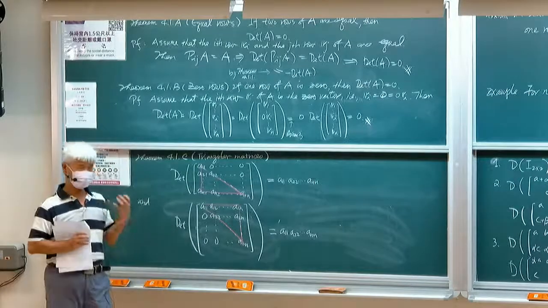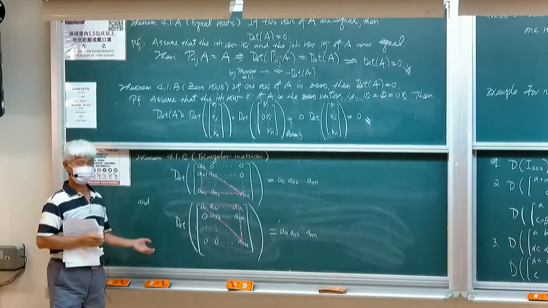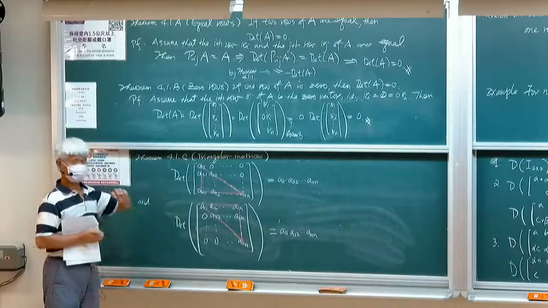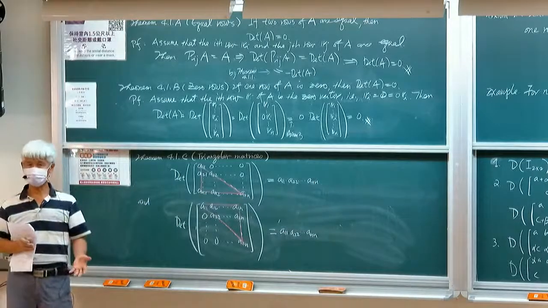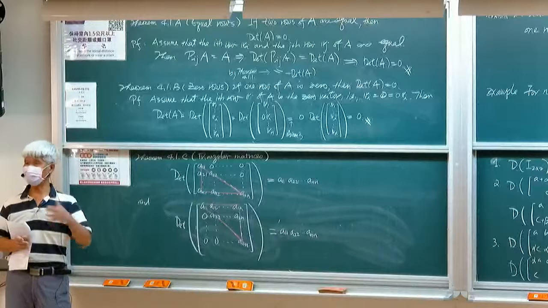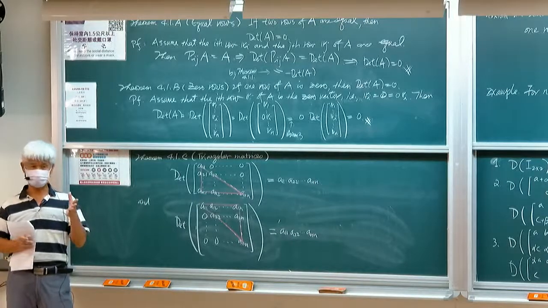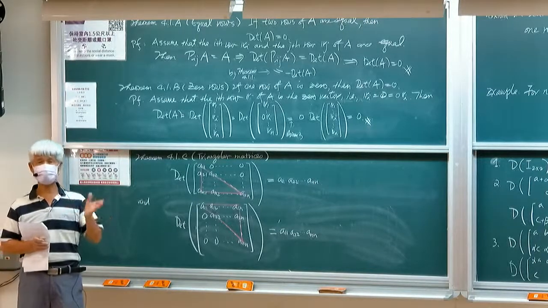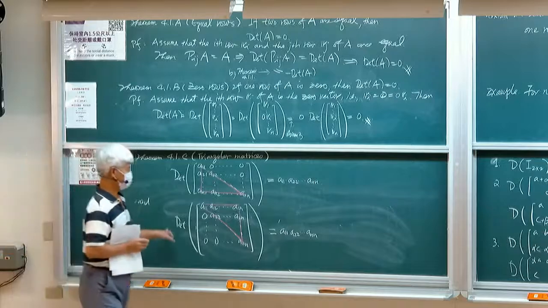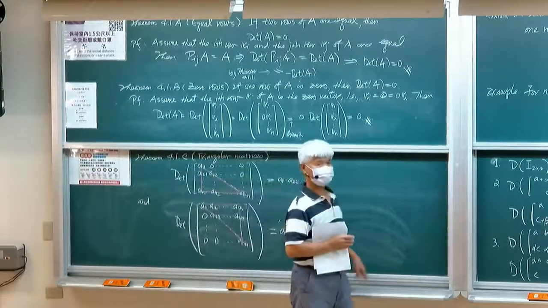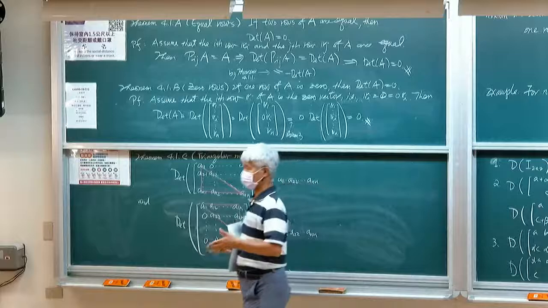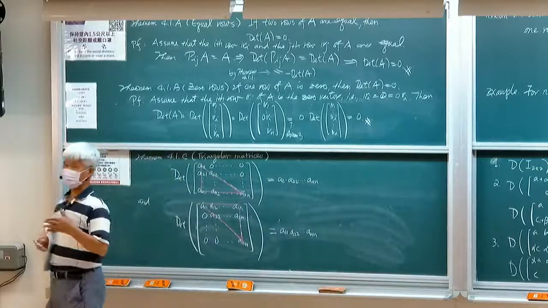So I purposely replace this axiom with just the identity matrix. Okay, so it's much easier for us to justify whether the value of a function at the identity matrix is 1 or not.